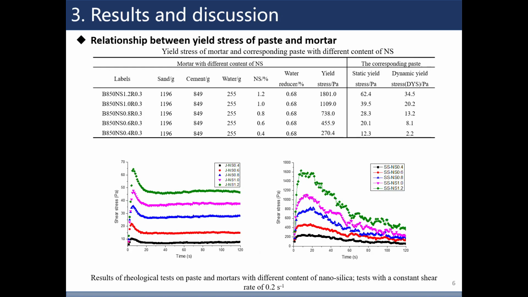We design 5 groups of paste with different nanosilica content and the same amount of aggregate to investigate the influence of the yield stress of paste on that of mortar. The mortar mix designs with the same aggregate content make sure the variation of the yield stress of mortar only results from that of paste.